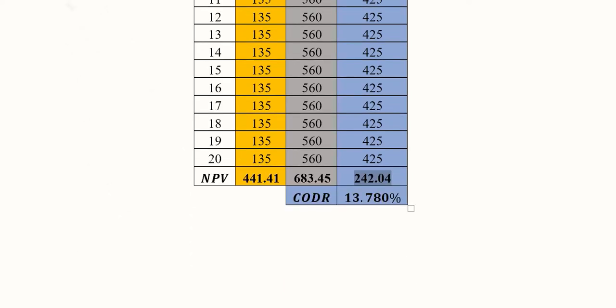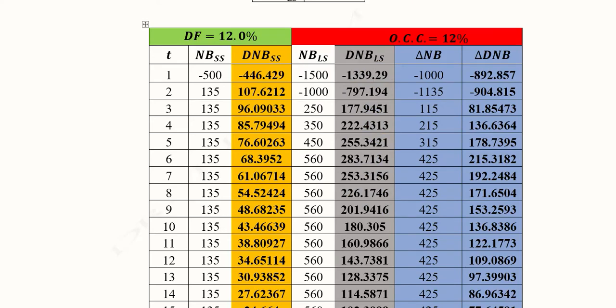Now we have the crossover discount rate. What I have done is that I have introduced a few additional columns to explain the situation here.